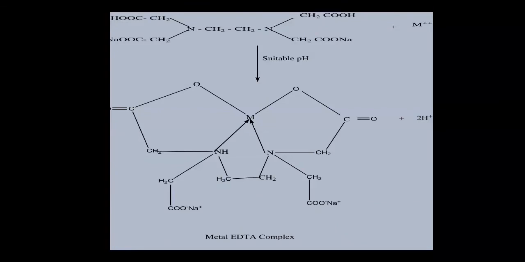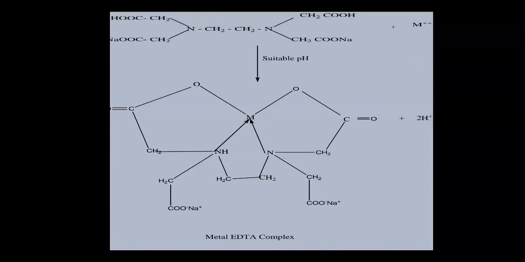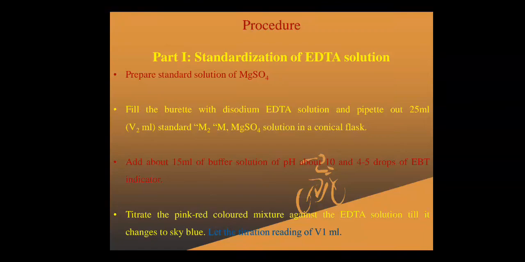See here, the structure of EDTA is given. EDTA, when it reacts with the metal ion, forms a complex, called a hexadentate complex. Here H plus ions are formed, which means the solution becomes acidic. As the solution becomes acidic, as I told, we add pH 10 buffer solution.